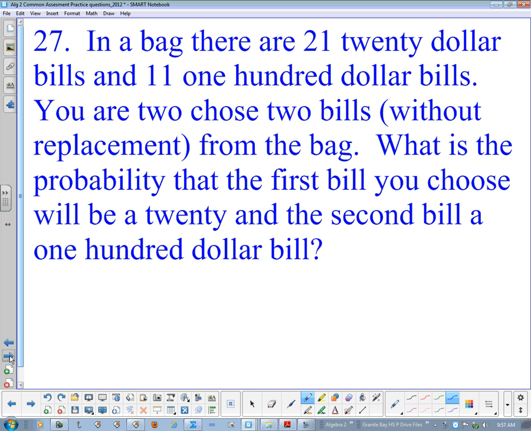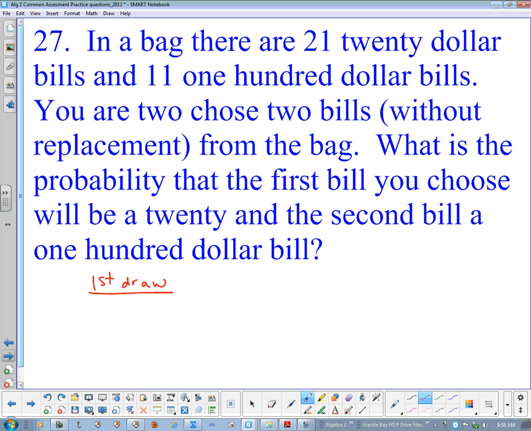In a bag there are 21 $20 bills and 11 $100 bills. You are to choose 2 bills without replacement from the bag. What is the probability that the first bill you choose will be a 20 and the second bill will be a $100 bill? All right, so the first draw.